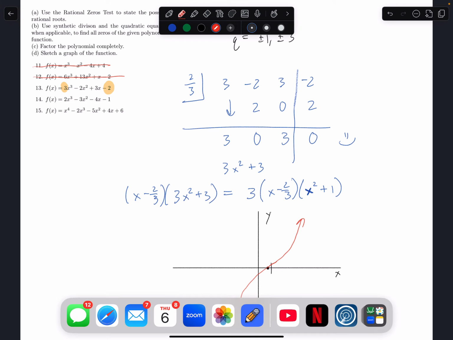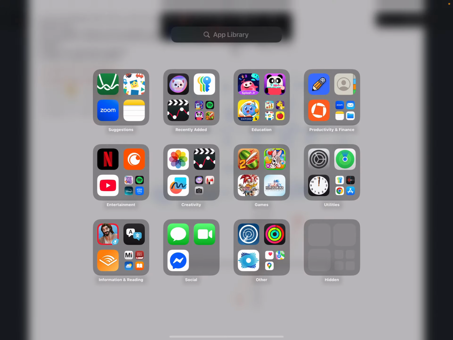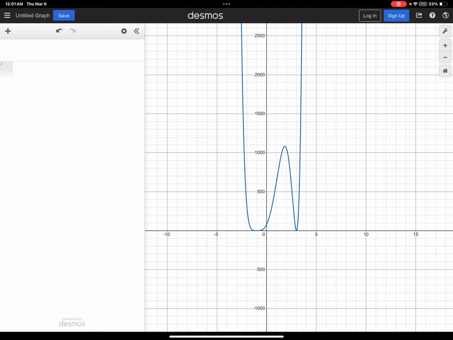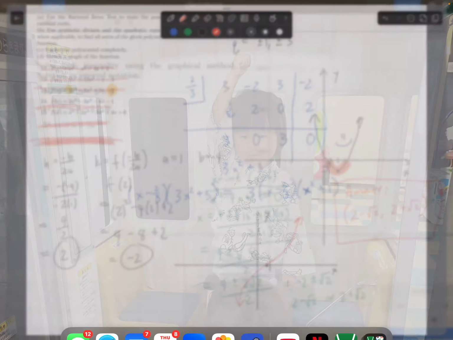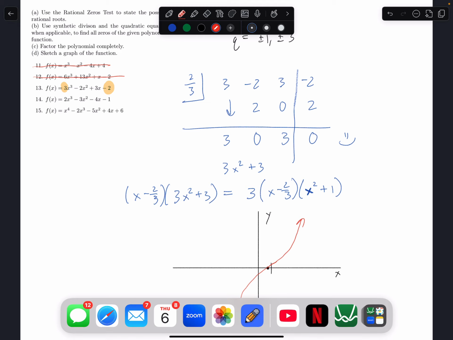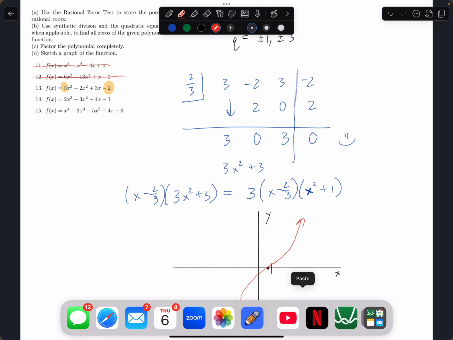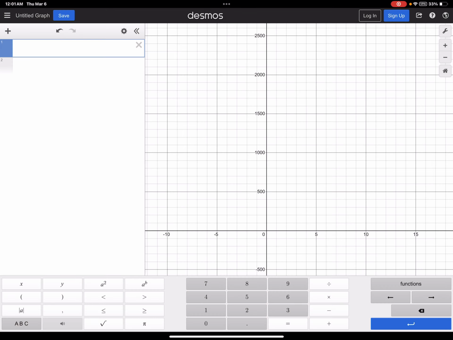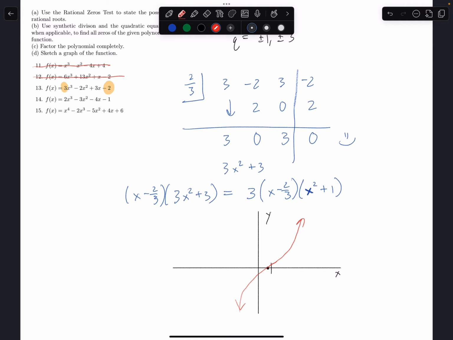But let me look at a graph for that one. So, what was that? 3x cubed minus 2x squared. 3x cubed. Minus what? 2x squared.